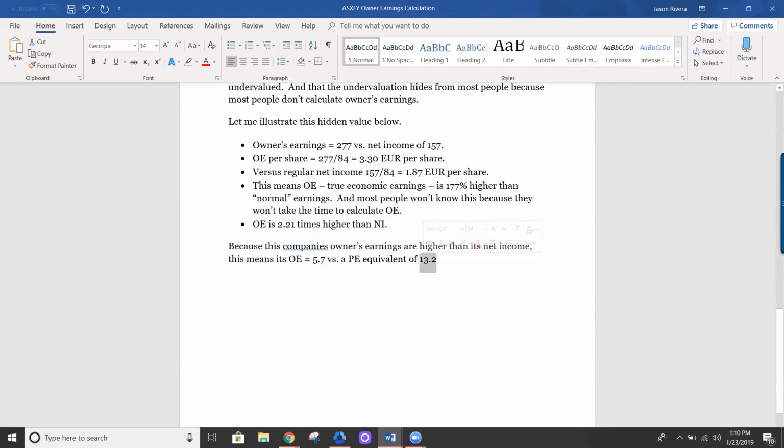Let me see. I did 3.3 minus 1.87 to get 1.43 or whatever it was, then divided that by 3.3 to get the 43%. Then how do you get 5.7?